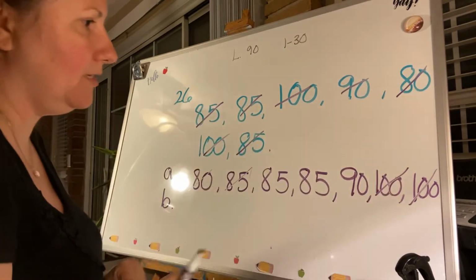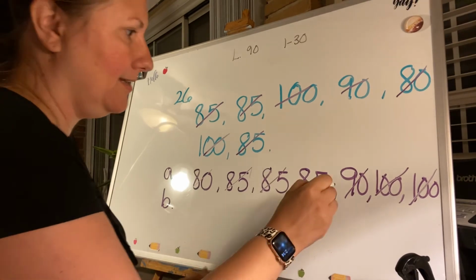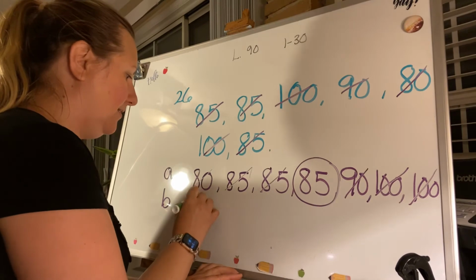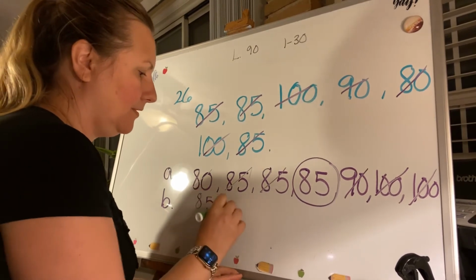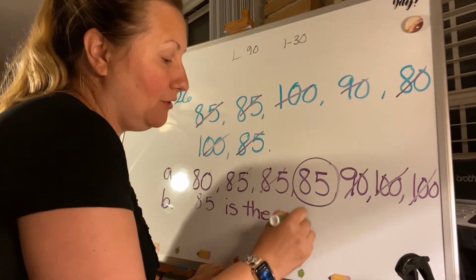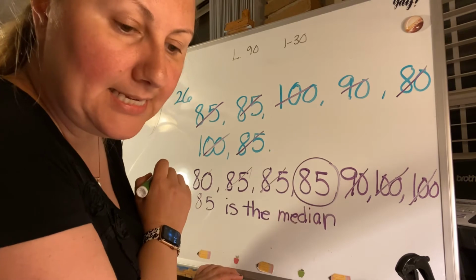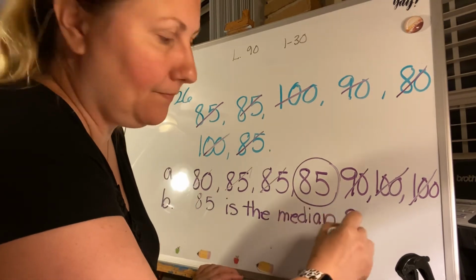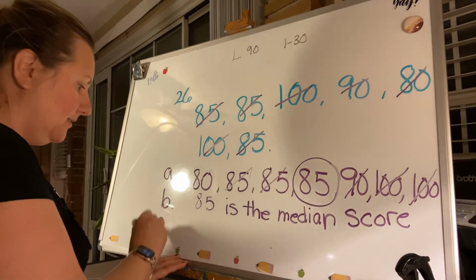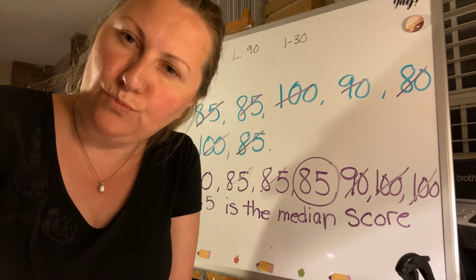Drop off the first one, drop off the second one, drop off the third one, and guess what we have? 85 is the median, or the middle number when it's in order. That's why they had us arrange it in order. Median, M-E-D-I-A-N, the median score.